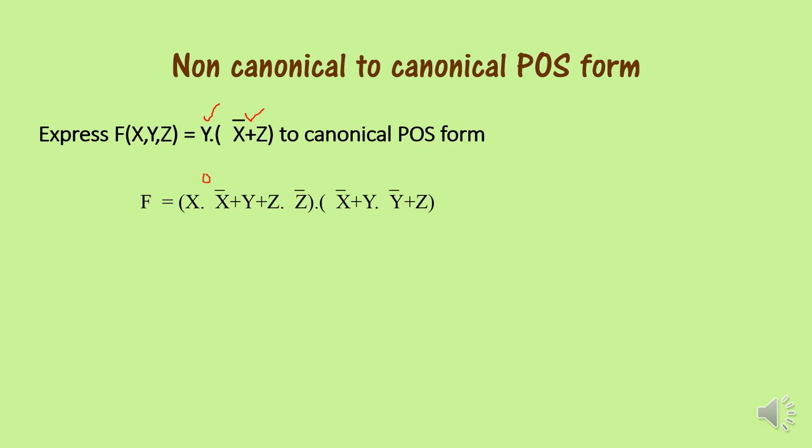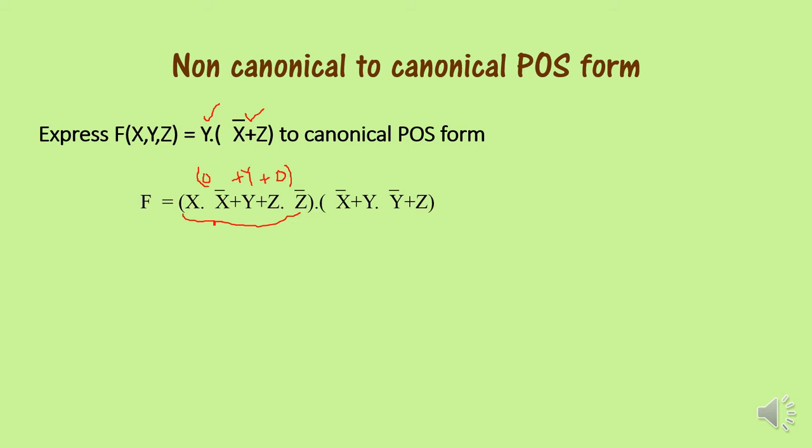So 0 plus y plus 0 is equal to y. So we can easily write this expression: in place of 0 we can write x dot x bar because this term is missing, plus y, plus in place of 0 we can again write z dot z bar because z term is missing here.